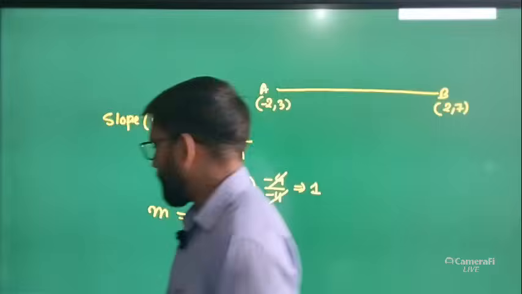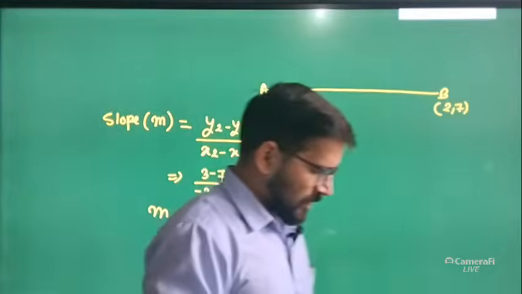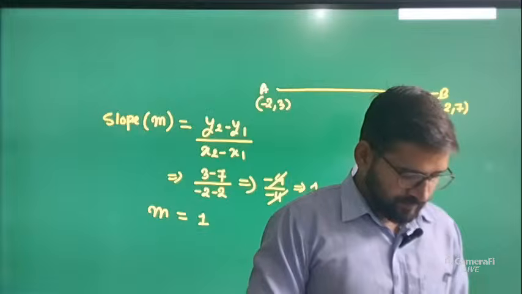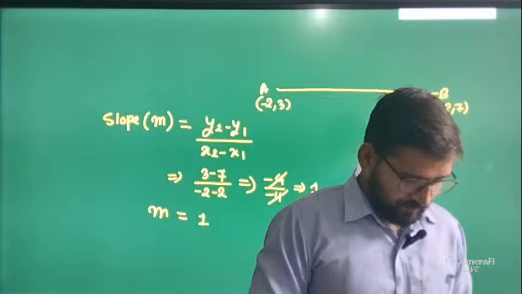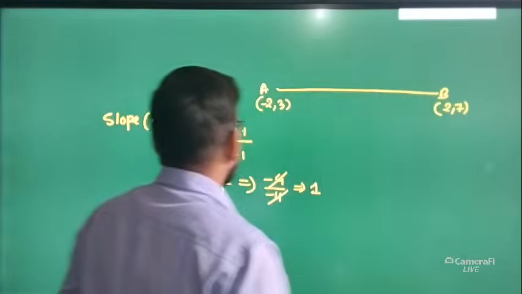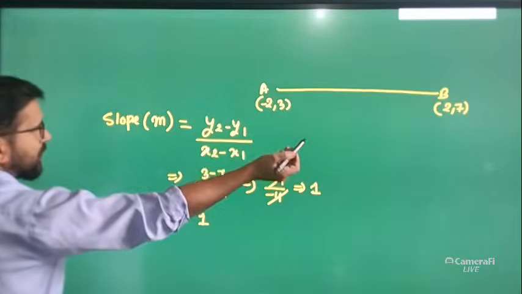I hope you all are able to guess. Okay, so the 2 points are given. M is equal to 1. Slope of this line AB is equal to 1.